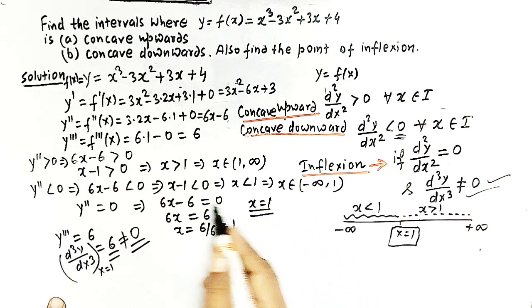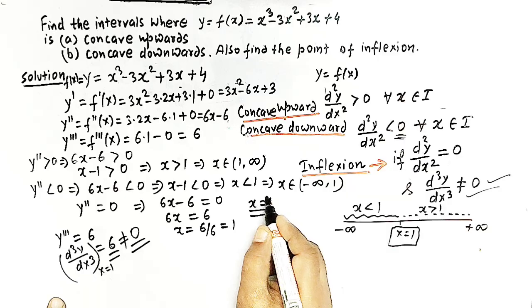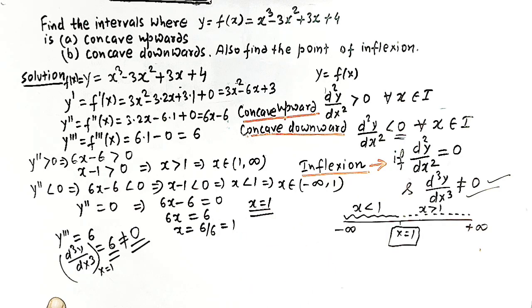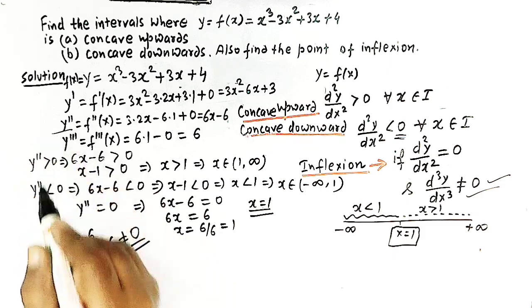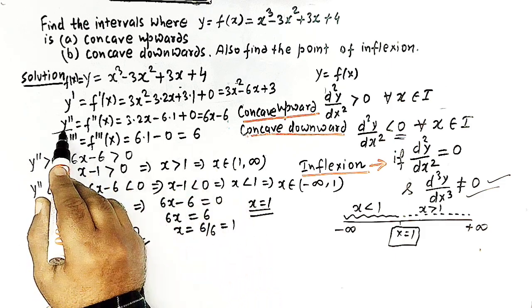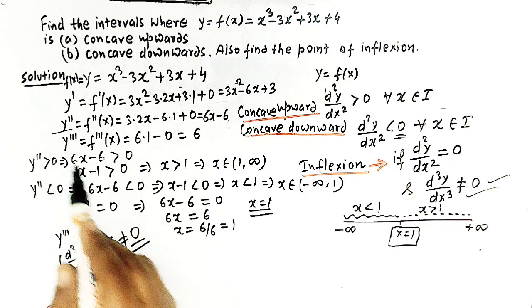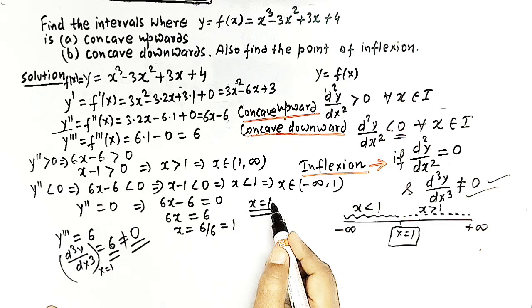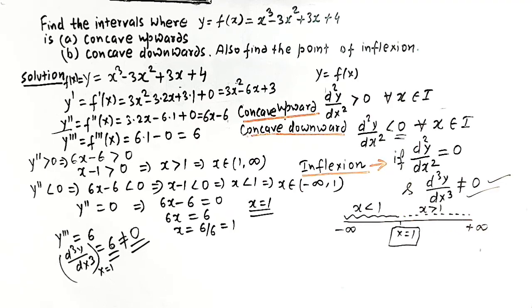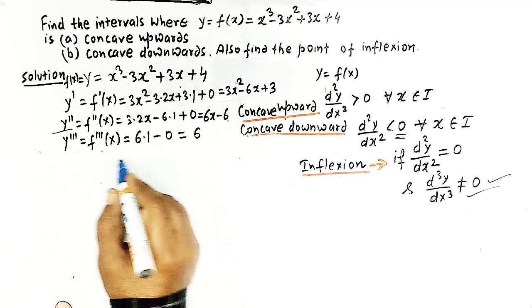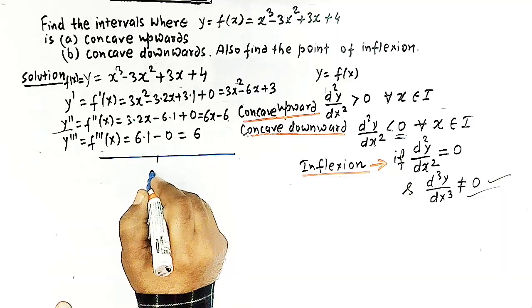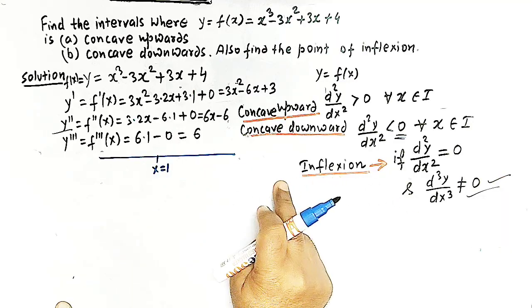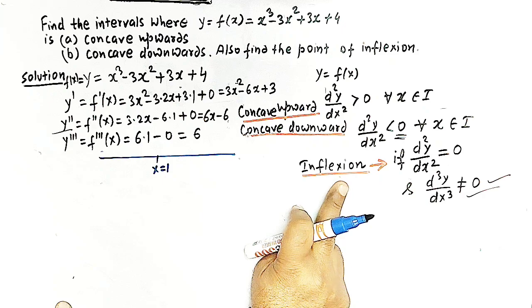So let us now see the working rule, how to show that at x is equal to 1 the concavity changes. For this we have to make use of the expression for the second derivative, and we'll see the sign of the second derivative in the neighborhood of x is equal to 1. Here we have the point x is equal to 1, which happens to be the point of inflection, right?